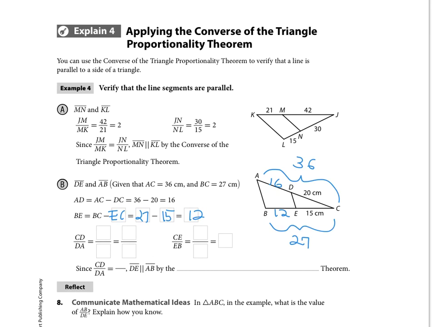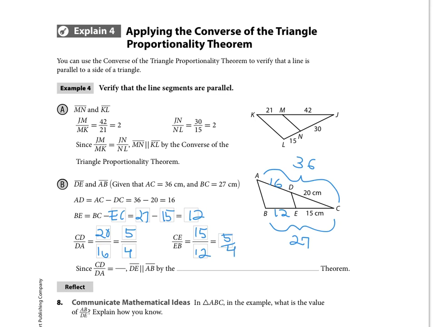Now we need to check out the ratios themselves. CD is 20, and DA is 16. And if we reduce that fraction, both having a factor of 4, we get 5 over 4. And if we do CE, which is 15, divided by EB, which is 12, both of those having a factor of 3, we also get 5/4.